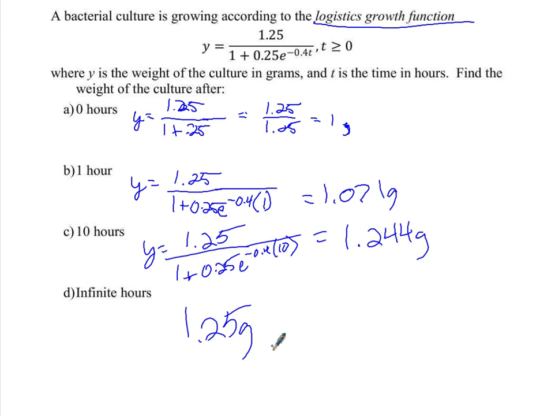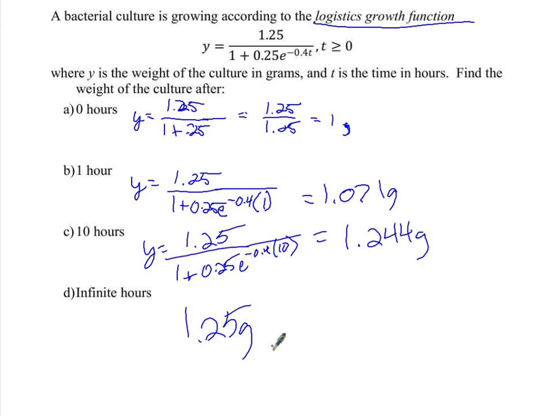So based on this, it will never get bigger than that. Bacterial growth follows the logistic growth function in a closed system. Why would that be? Because there's a limiting capacity in closed systems, like bacterial growth in a petri dish.